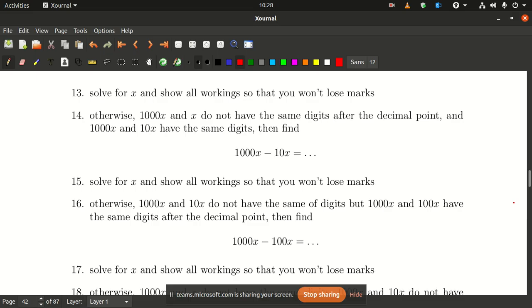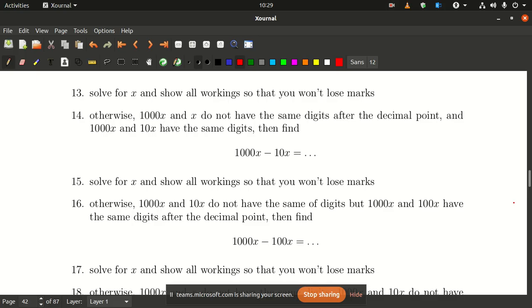We want to move the decimal so that the numbers after the decimal point are the same between x and this something times x. So if, let's say, when we move the comma once and the numbers are the same, we don't continue, we just solve for x.